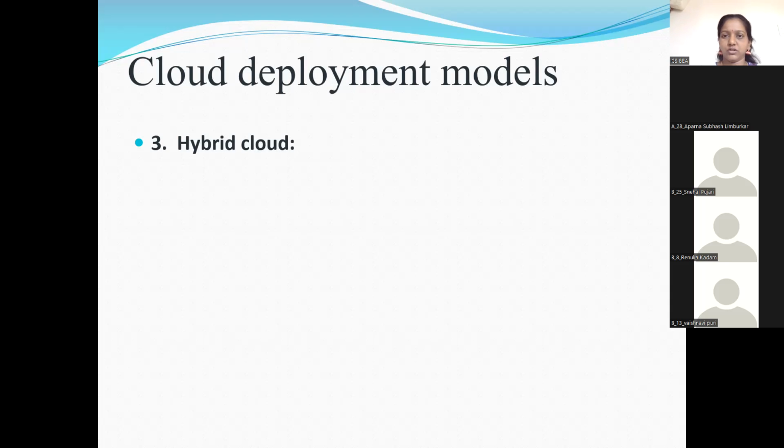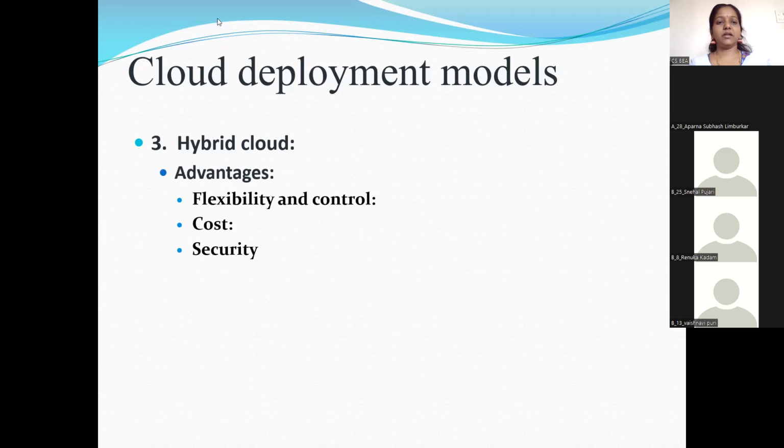With a hybrid solution, you may host the app in a safe environment while taking advantage of the public cloud's cost savings. Organizations can move the data and applications between different clouds using a combination of two or more cloud deployment methods depending on their needs.